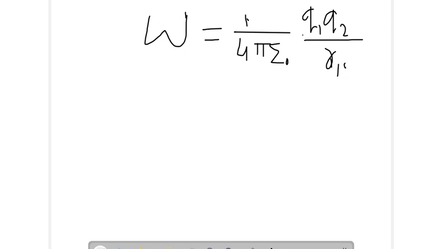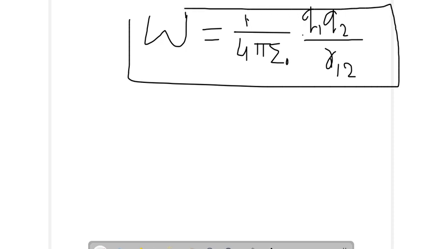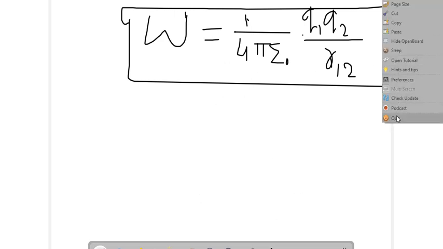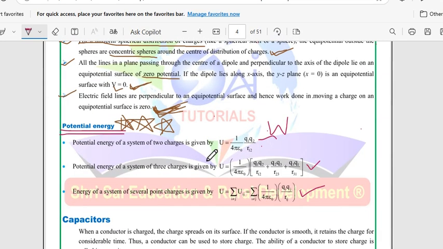This is the expression for the total work done when bringing the two point charges from infinity towards points A and B. This work done is called the electrostatic potential energy of a system of two charges. So this one I have derived.